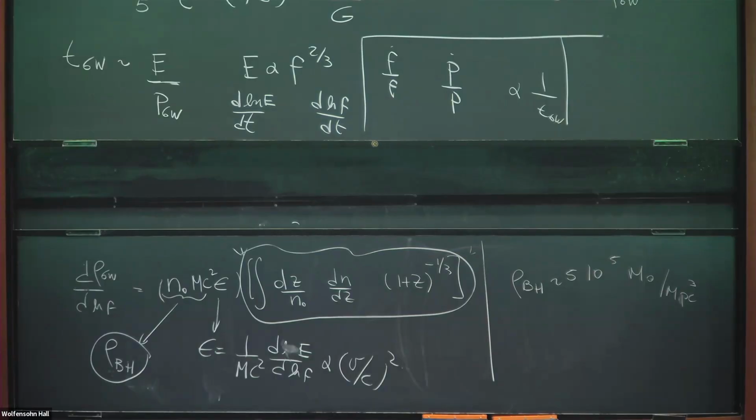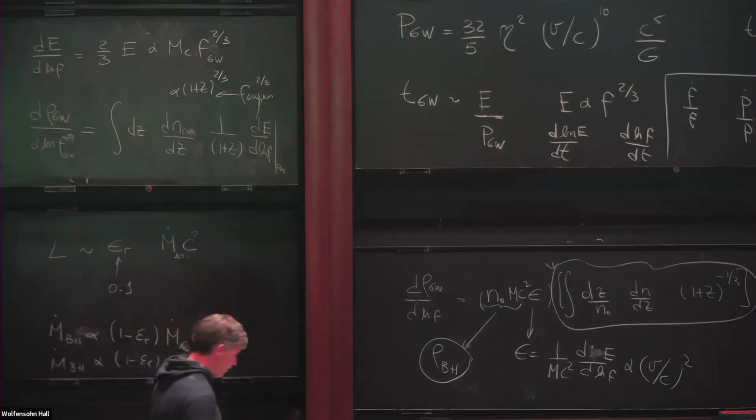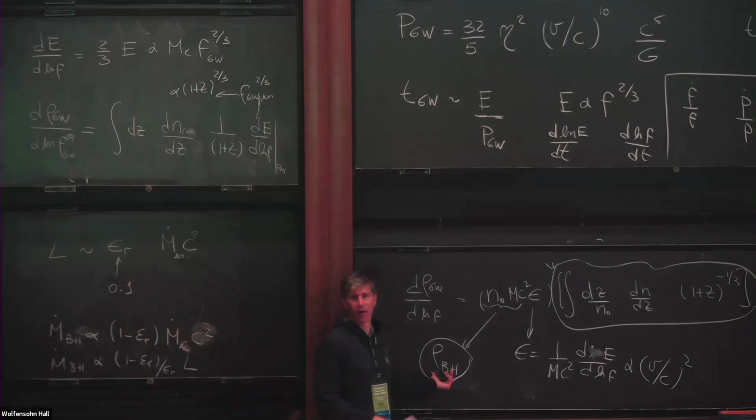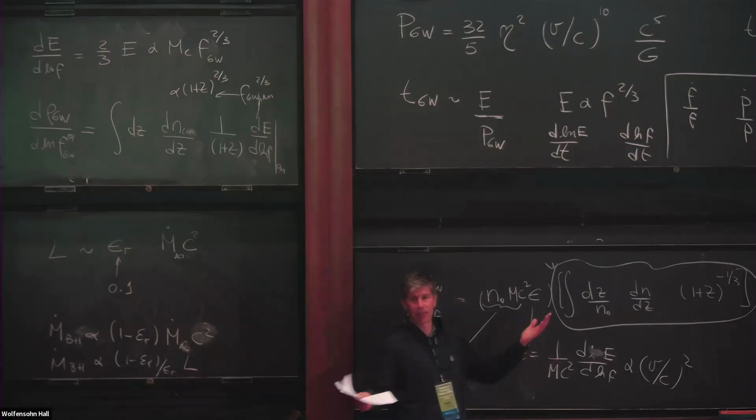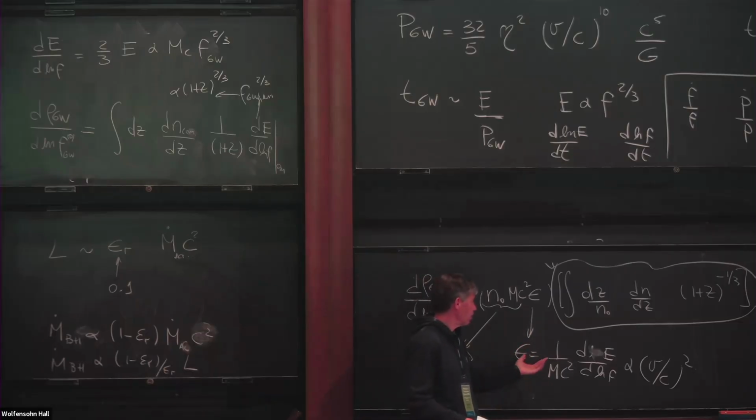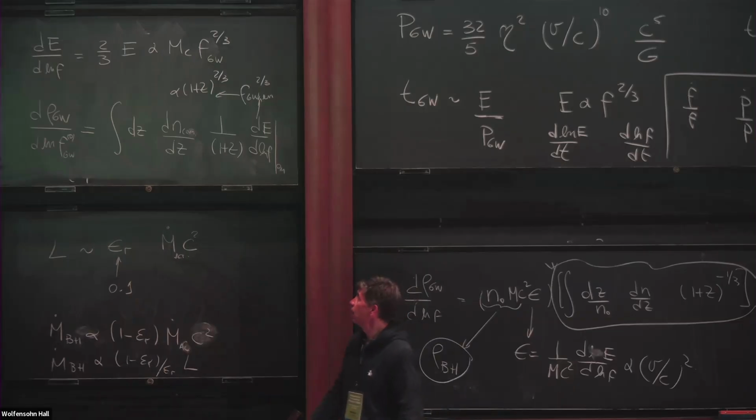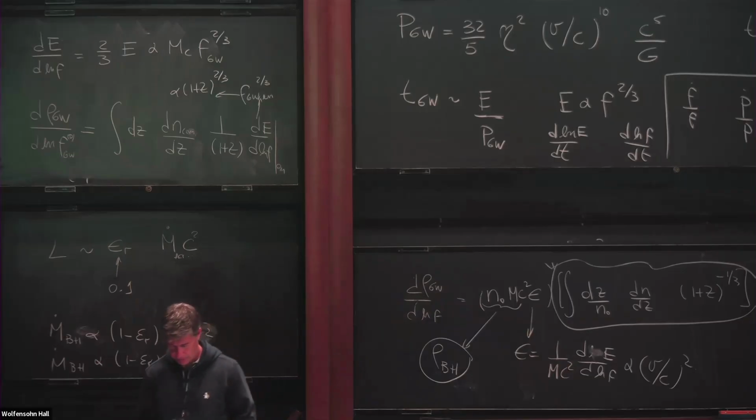This is a very old argument that comes from the early days of observations of quasars, so people had a sense of the total mass of black holes that were around. If I combine this with the typical mass of the black holes that produce most of the gravitational wave background, around 10 to the 9 solar masses, I can then estimate this efficiency, and I have the gravitational wave background energy.